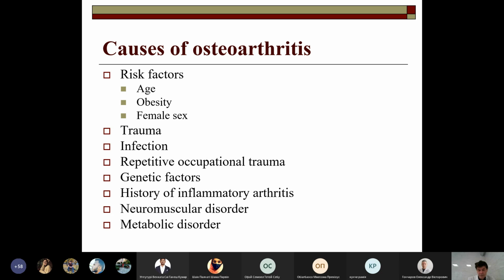The two next compounds which may accumulate and are very important causes of osteoarthritis are considered to be neuromuscular disorders and metabolic disorders.